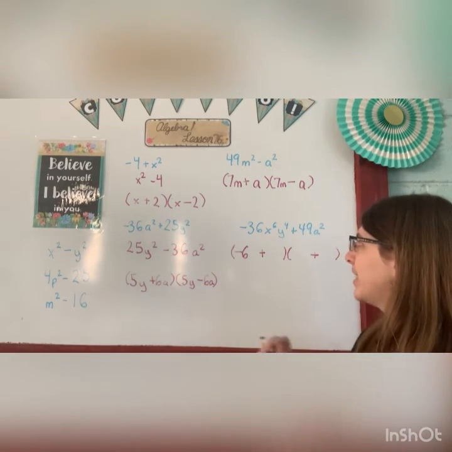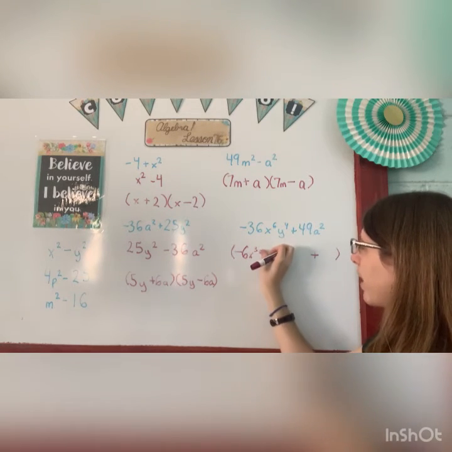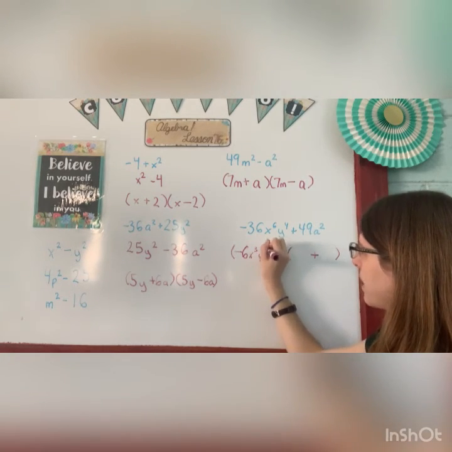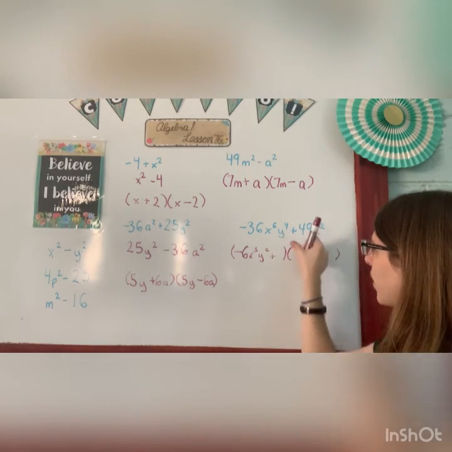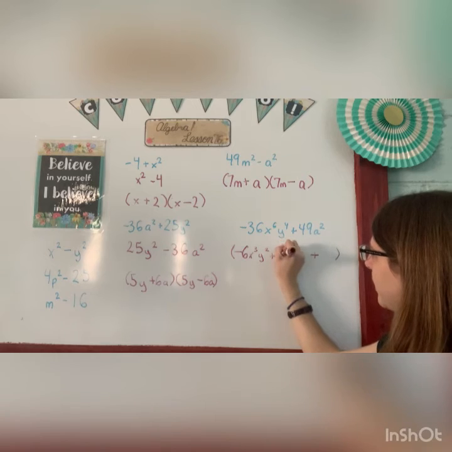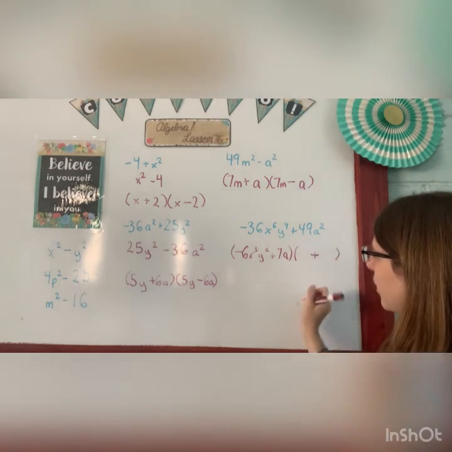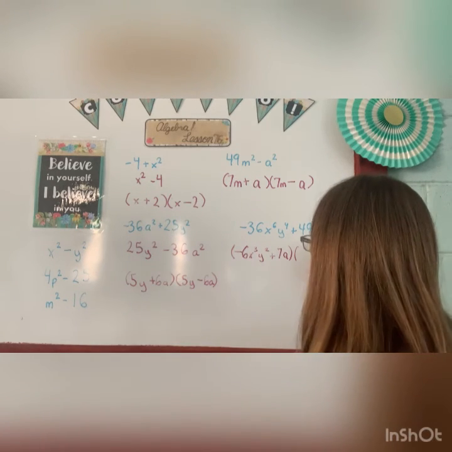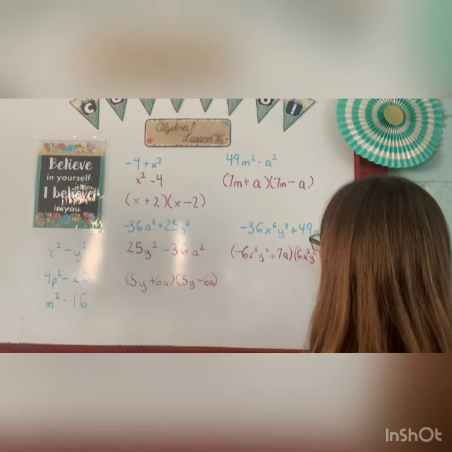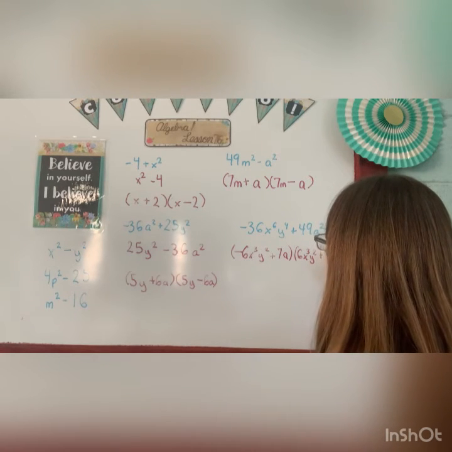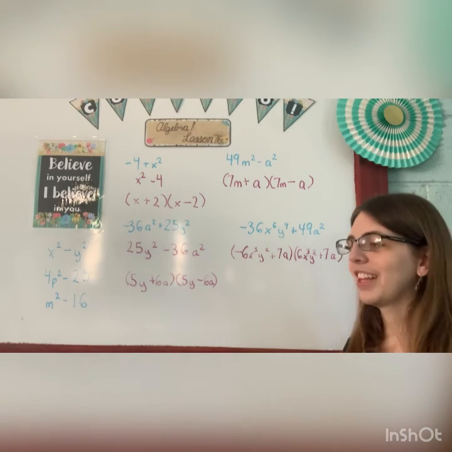So the square root of x to the 6th would be x cubed, and the square root of y to the 4th would be y squared. Plus, the square root of 49 would be 7. The square root of a squared is a. So that means I have a positive 6x cubed y squared over here, plus 7a over here. Okay? That's all you got to do.